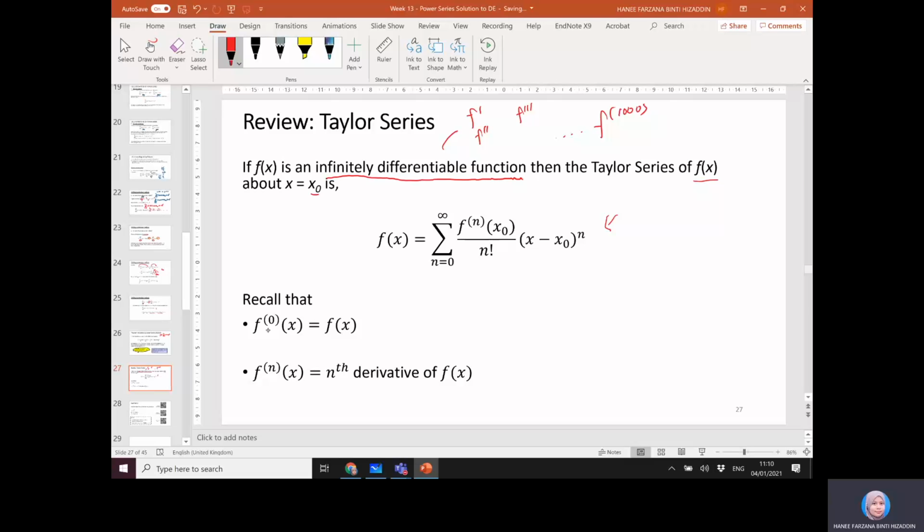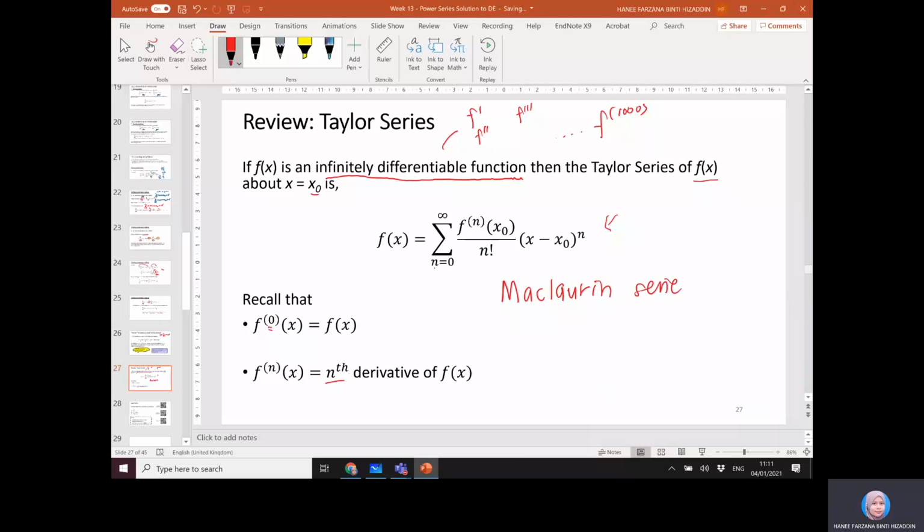Okay, so f of 0, so when n equals 0, f0 is just f of x. Okay, so f with superscript n is not to the power of something, but rather the nth derivative of f. So if you have f bracket 4 of x, meaning the fourth derivative of the function. And there's also a term, Maclaurin series.